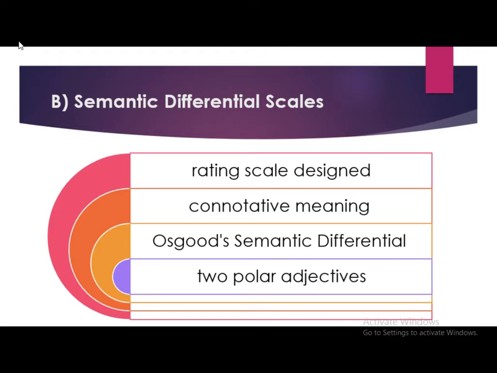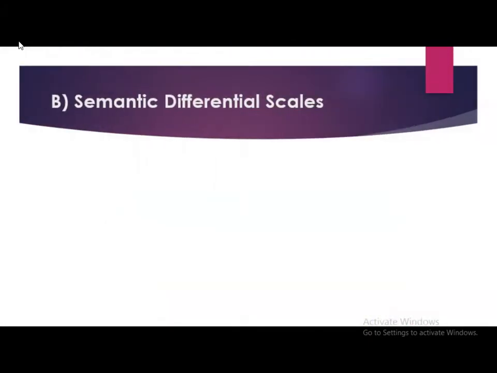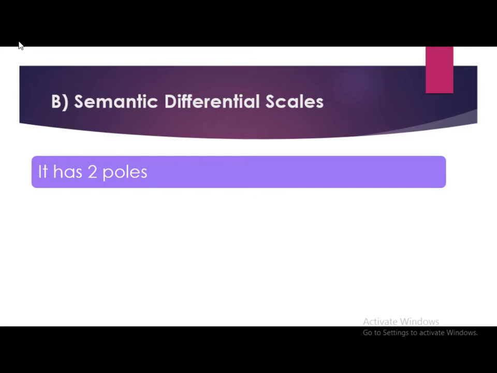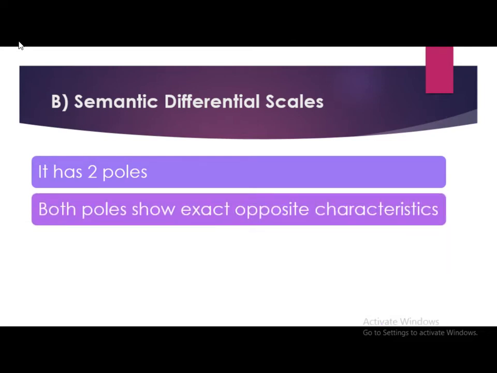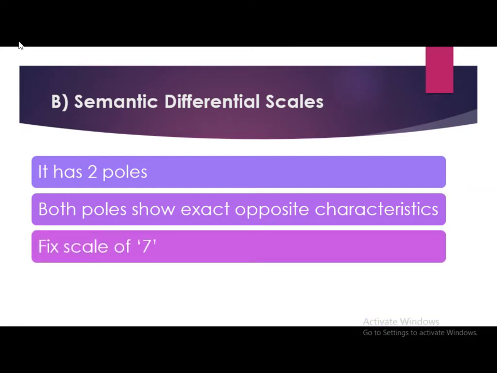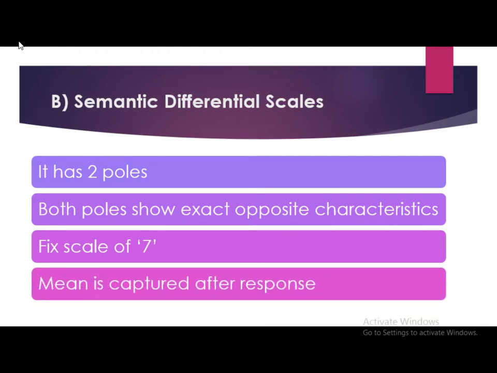Semantic differential can be used to measure opinion, attitude, and values on a psychometric controlled scale. Characteristics of semantic differential scales: it has two poles. Both poles show exact opposite characteristics. Fixed scale of 7, that is a scale of 1 to 7, and the mean is captured after the response.